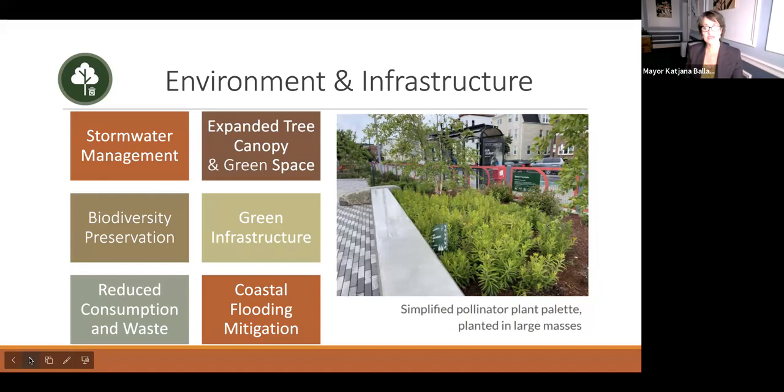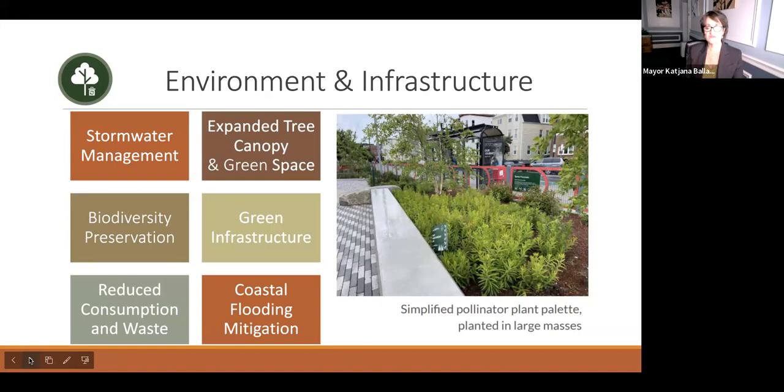That includes creating pollinator gardens for insects, including butterflies and bees, like the one at Conway Park shown in this slide. We've also established a pollinator action plan and advisory committee to guide these efforts.